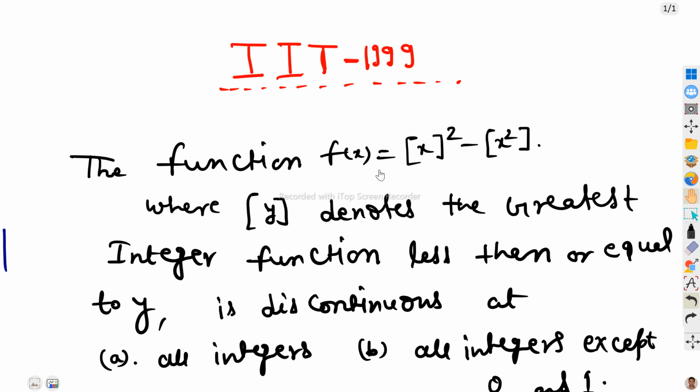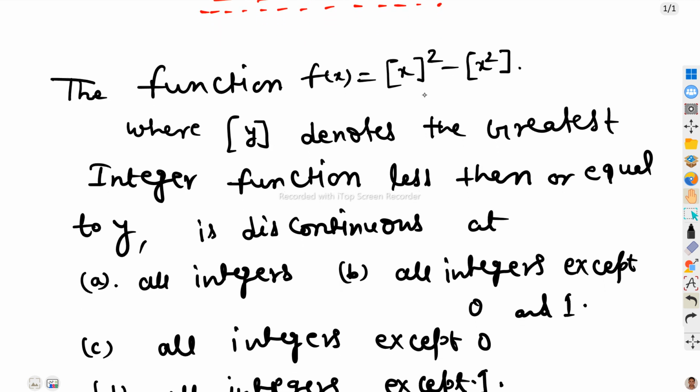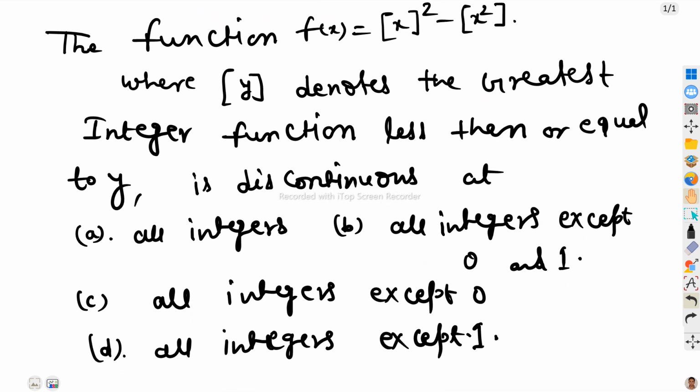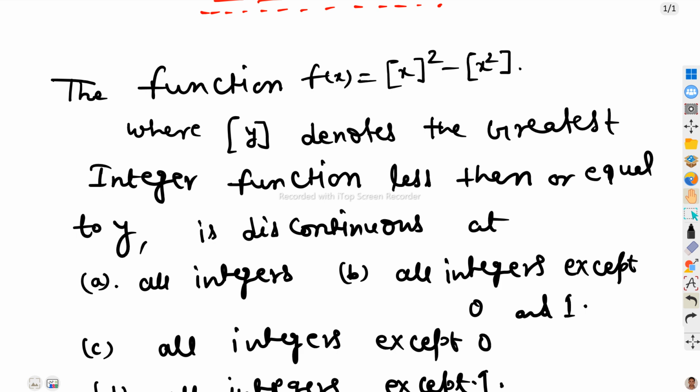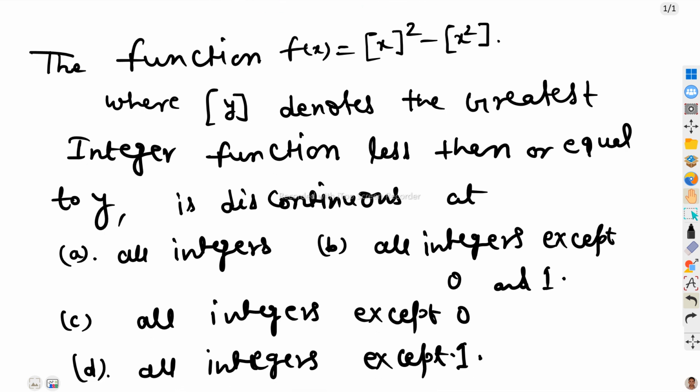We have to check whether the function is continuous or not at some point. The problem is to find the point where the function is discontinuous.